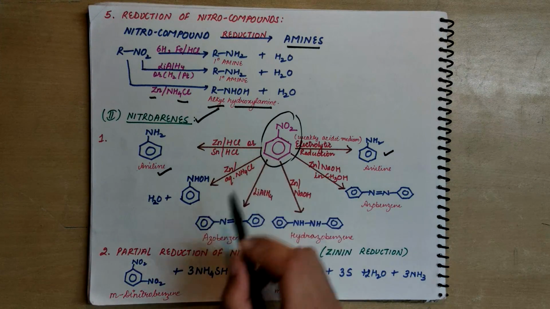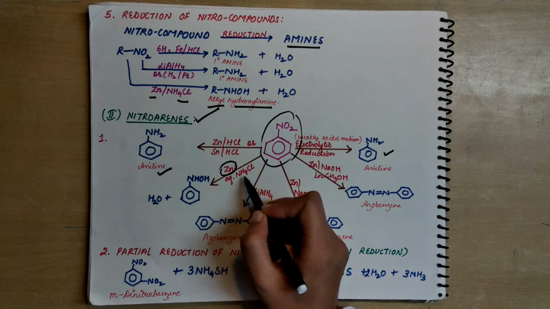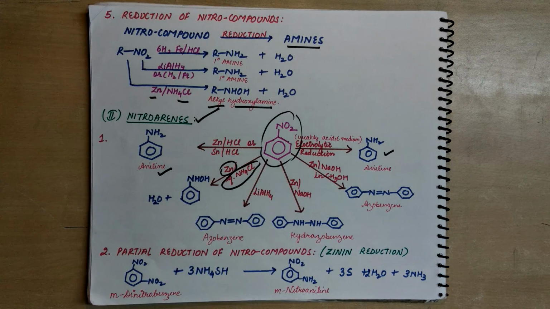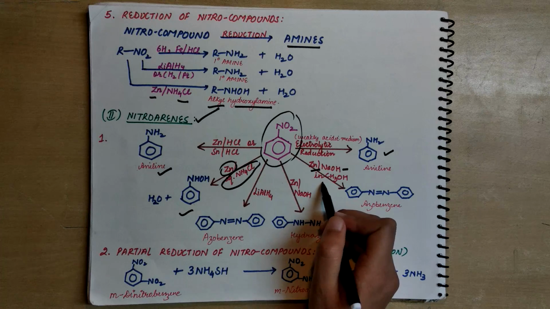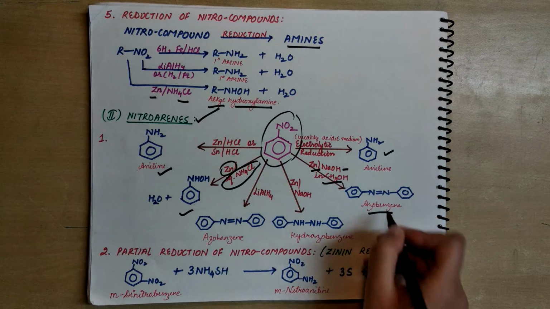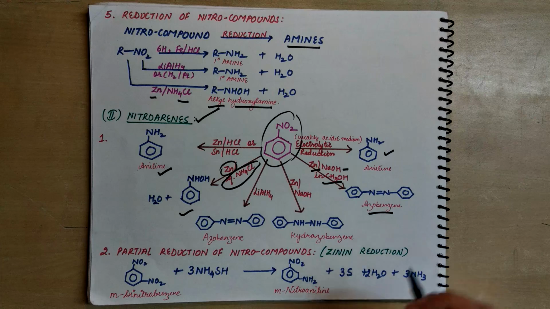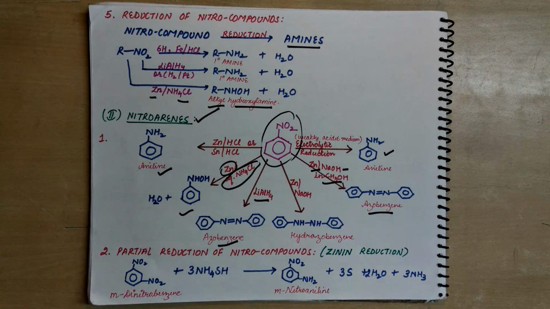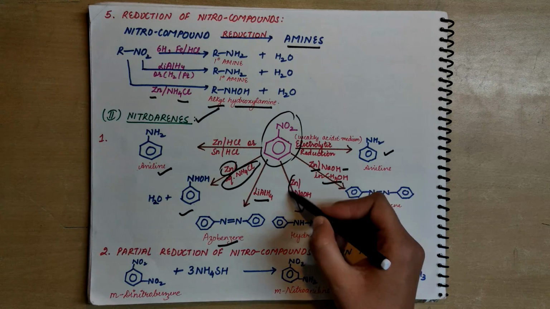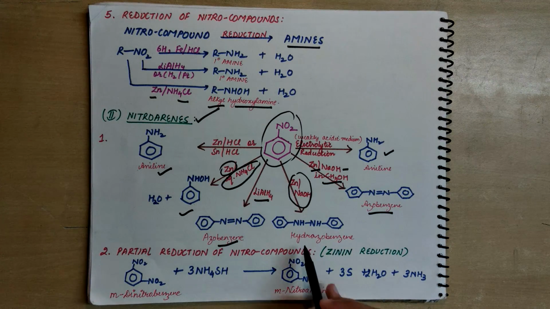Now, if the reaction is carried out in the presence of zinc and aqueous ammonium chloride, then this product is formed plus water. But when the reaction is carried out in the presence of zinc, NaOH and CH3OH, then azobenzene is formed. Also, if we treat it with lithium aluminium hydride, then also azobenzene is formed. If we treat it with zinc in the presence of NaOH, then hydrazobenzene is formed.